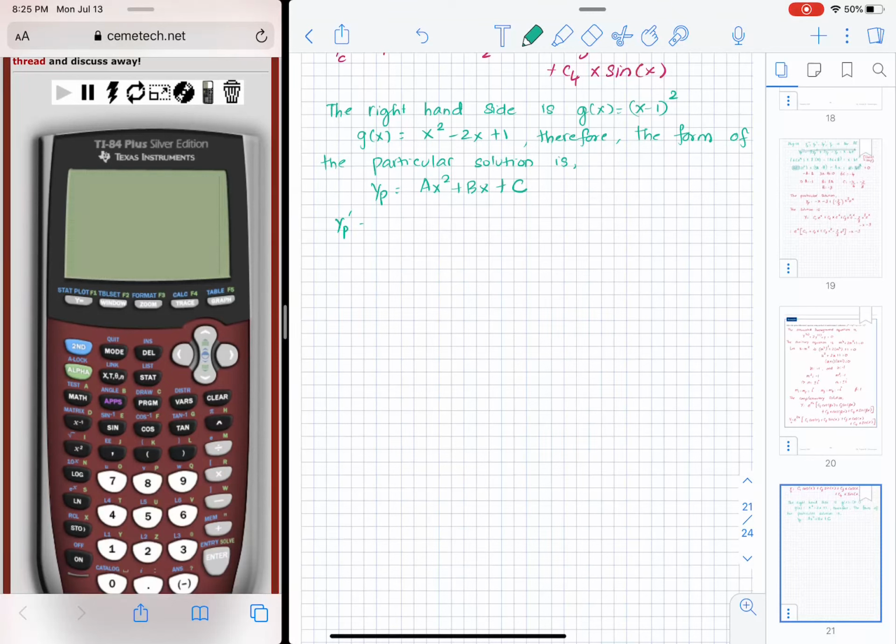So yp prime is 2ax plus b. Even though this is a fourth order equation, this problem is pretty straightforward. We have 2a. Yp triple prime is 2. Yp fourth derivative is simply 0.